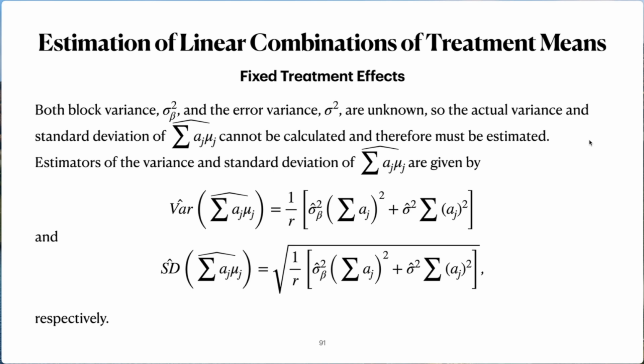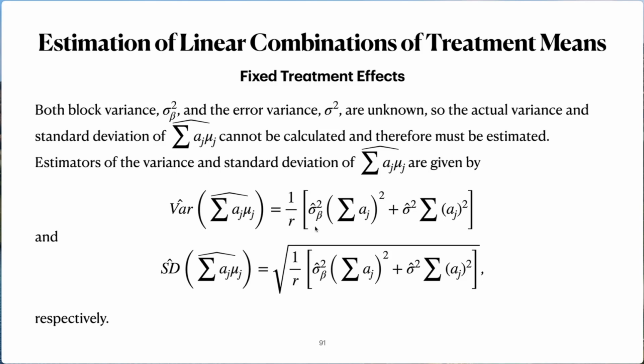Now, the block variance, sigma squared sub beta, and the error variance, sigma squared, are unknown, and so the actual variance and the actual standard deviation of our point estimate for the linear combination cannot be calculated. Therefore, we must estimate them, using the corresponding estimates of the variance components. The estimates of the variance and the standard deviation are given by these expressions, where we've replaced the true variance components with notation that represents their estimators.